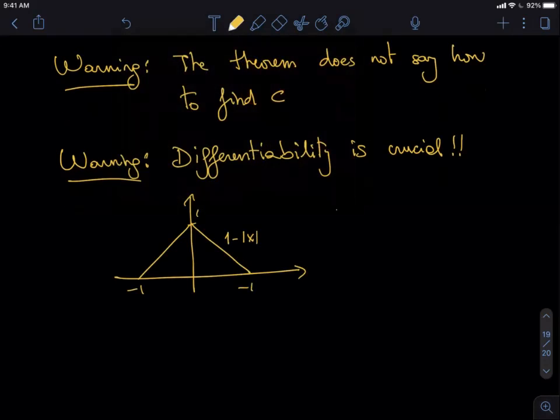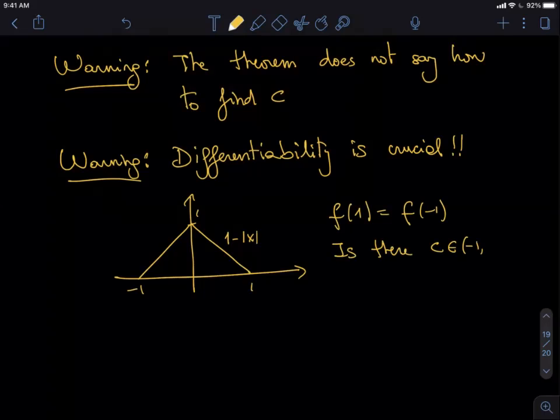So here you have f of 1 equal to f of negative 1. And the question is, is there a c in (-1, 1) with f prime of c equals 0, as the theorem says?